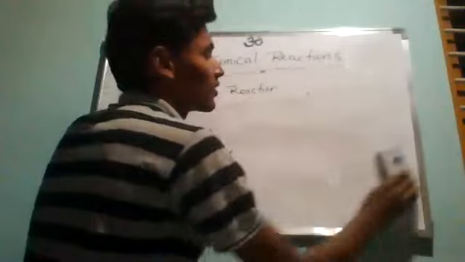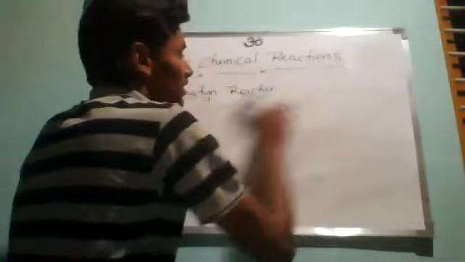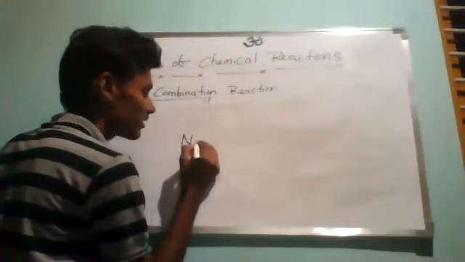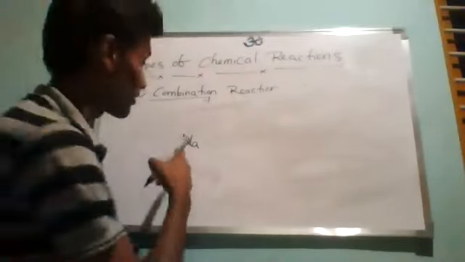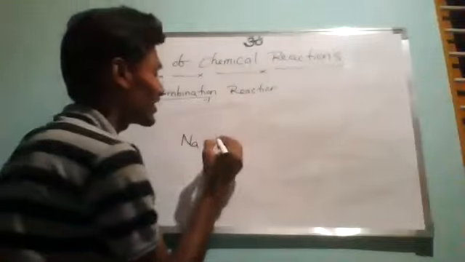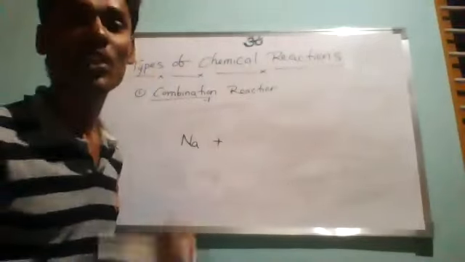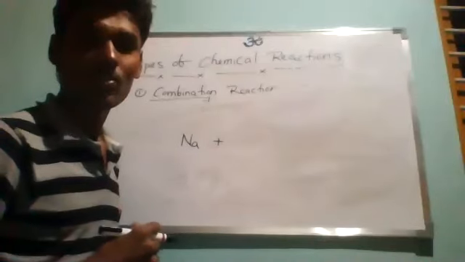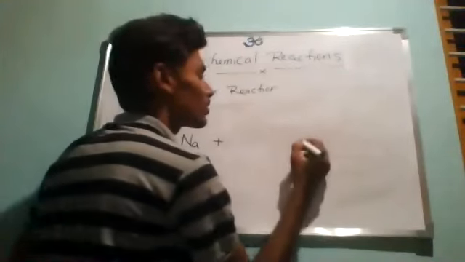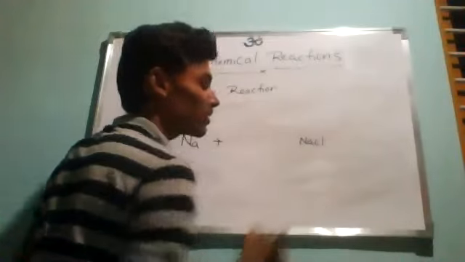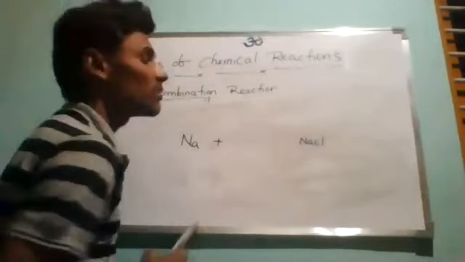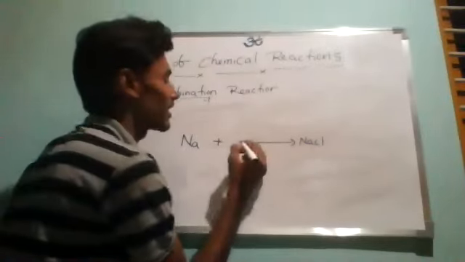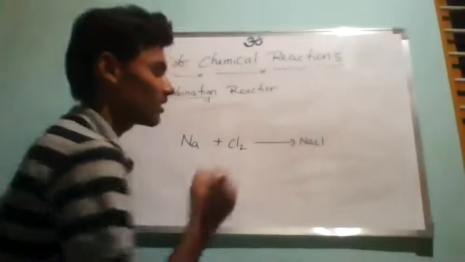Sodium is a metal, and it will react with chlorine. The well-known compound which we eat daily, the basic salt, is sodium chloride. So sodium chloride will be formed by two substances: sodium and chlorine.